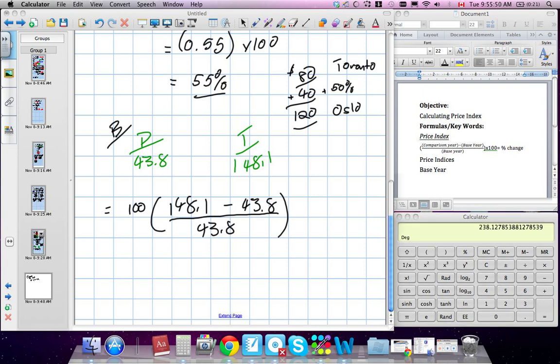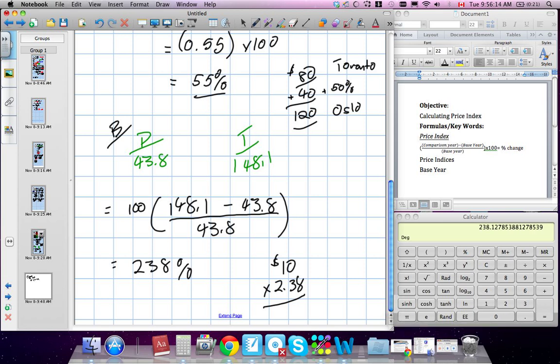The percentage increase in Delhi price, 238%. So, in terms of a price, what that means, if something costs you $10 in Delhi, to figure out what it would cost us in Tokyo, we multiply by 2.38.